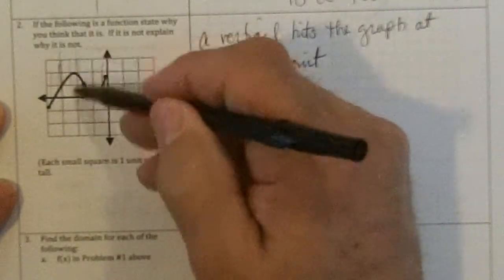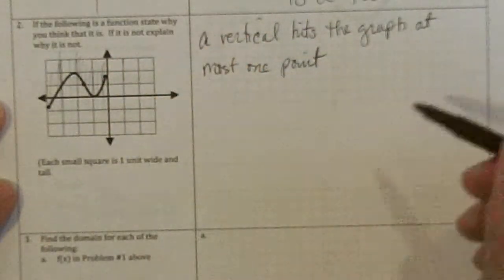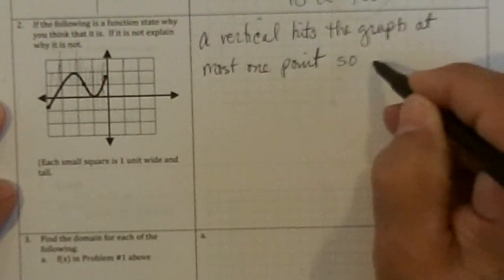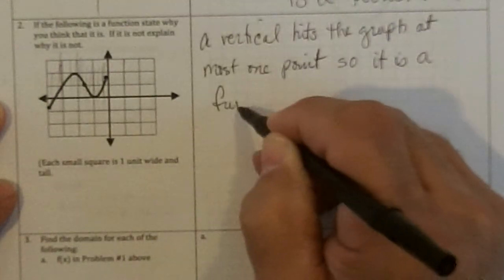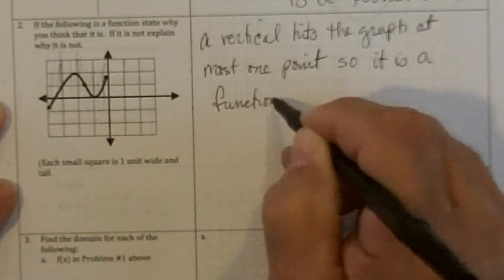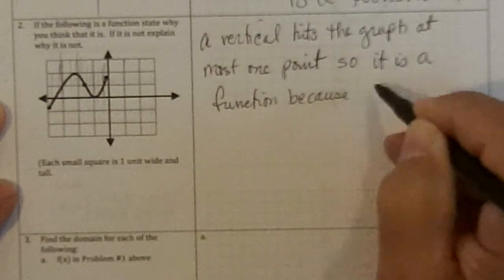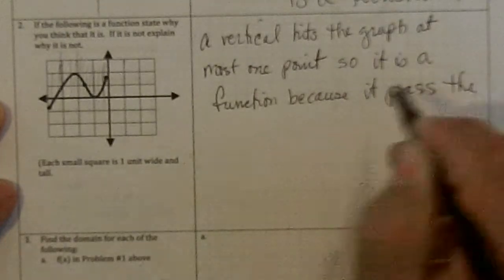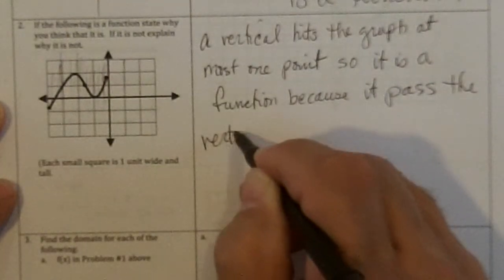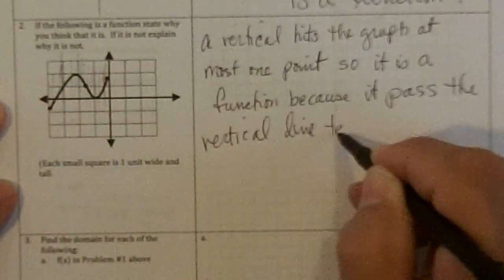It's one point over here, no points over here, no points back there, so it is a function because it passes the vertical line test.